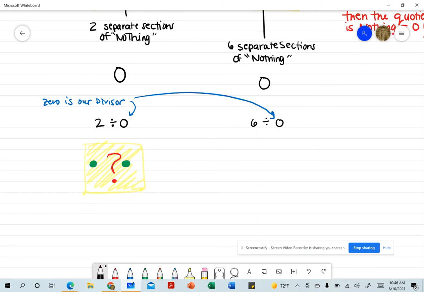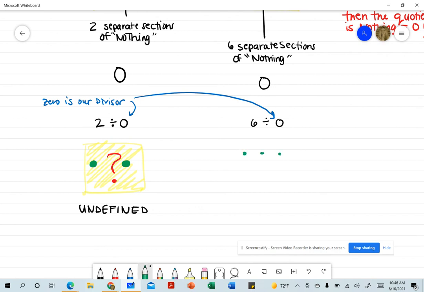So the technical answer when your divisor is 0 is undefined. It's actually not a definable number that we have. Undefinable. It's undefined. It's actually not an existing number that we can define. That means undefined. Okay, well, let's try 6. Same thing.